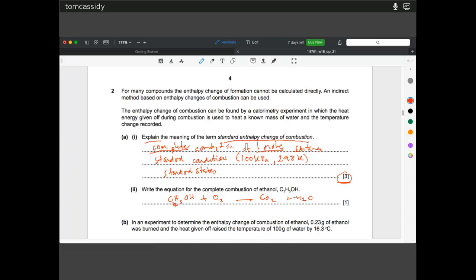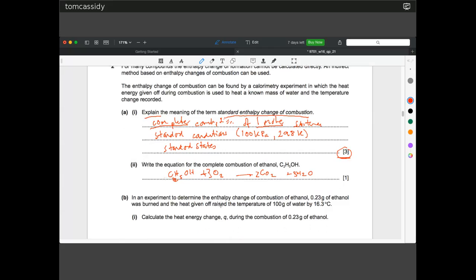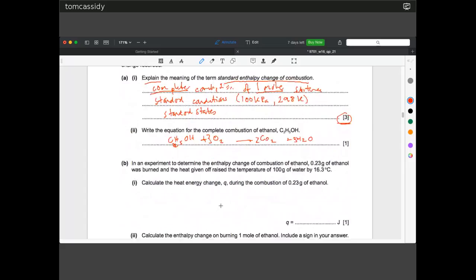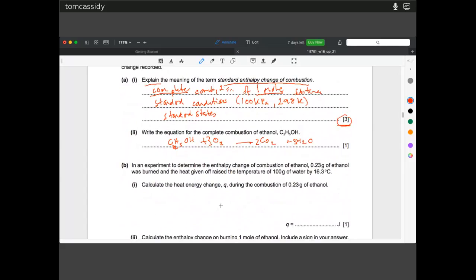Do the stoichiometric coefficients. I'll do the hydrogens first. I'll do the carbons next. And to balance it all up, I need a stoichiometric coefficient of 3 for the oxygens.